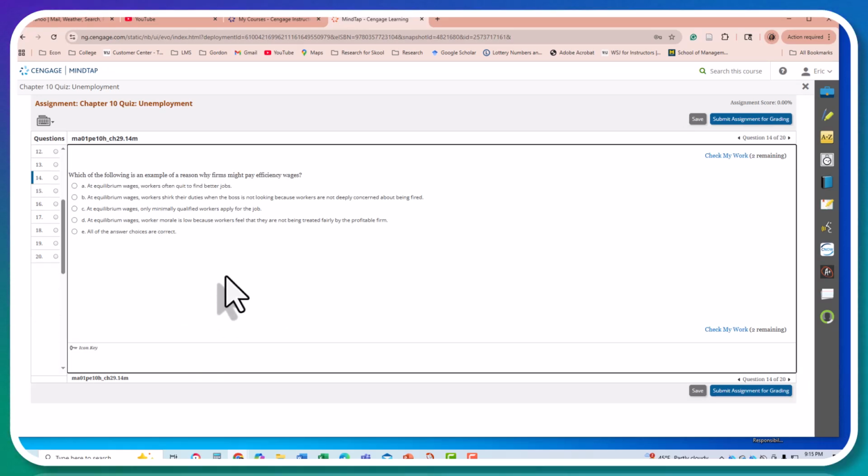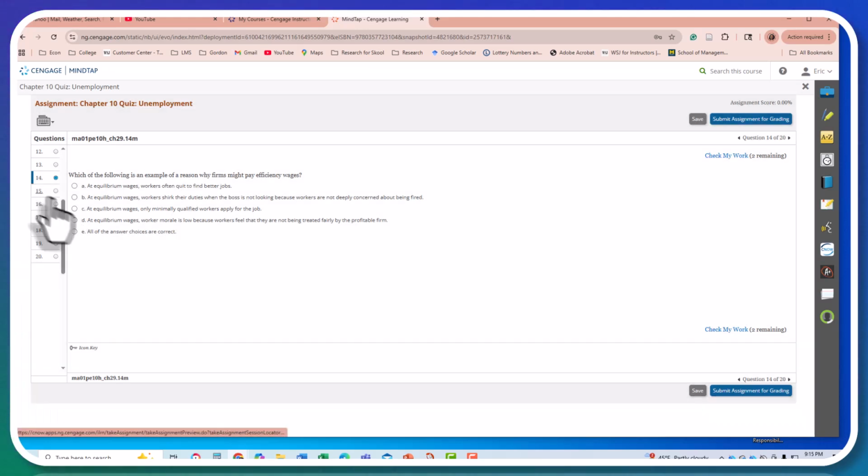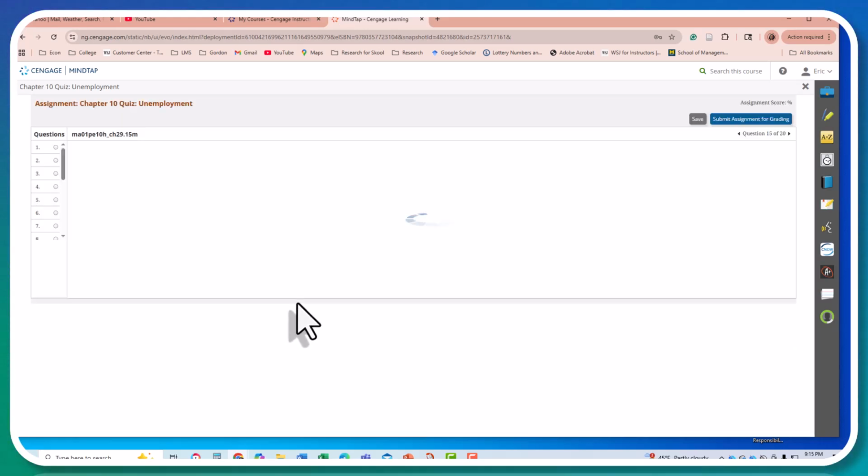Which of the following is an example of a reason why firms might pay efficiency wages? That one is, again, in your textbook. It is section 10-5, and I'll let you just read into that one. Not a very difficult question.